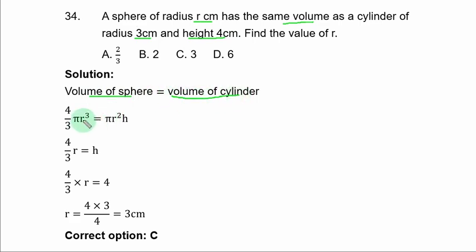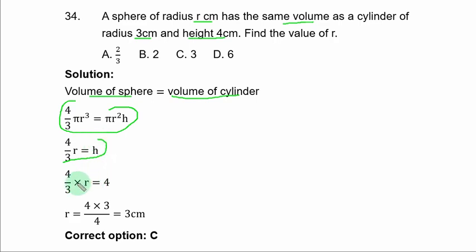The formula for the volume of a sphere is this, and a cylinder is this. From here, you can divide through by pi r square. If you do that, you have 4 over 3 r equal to h, and you are asked to get r. So the height is 4.